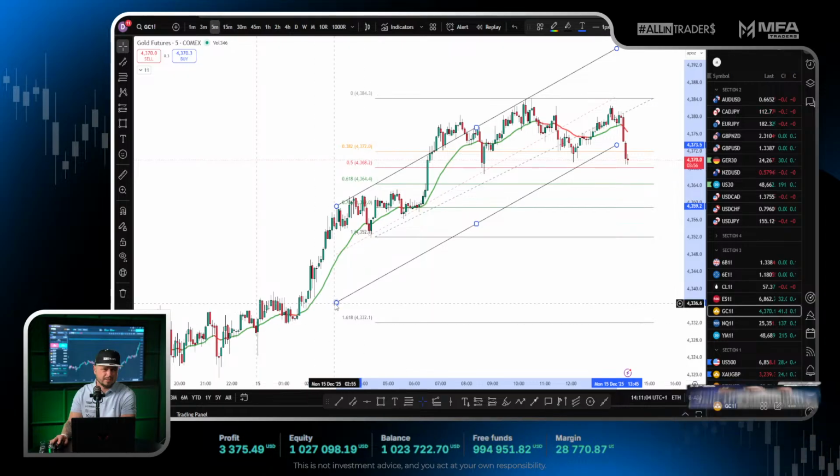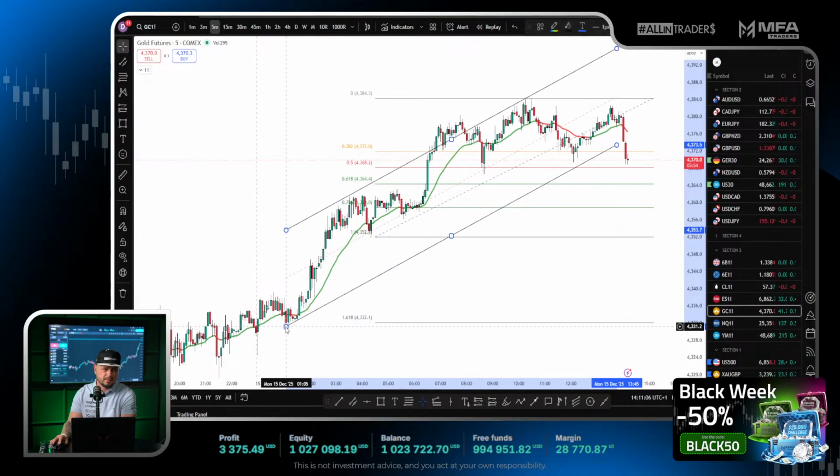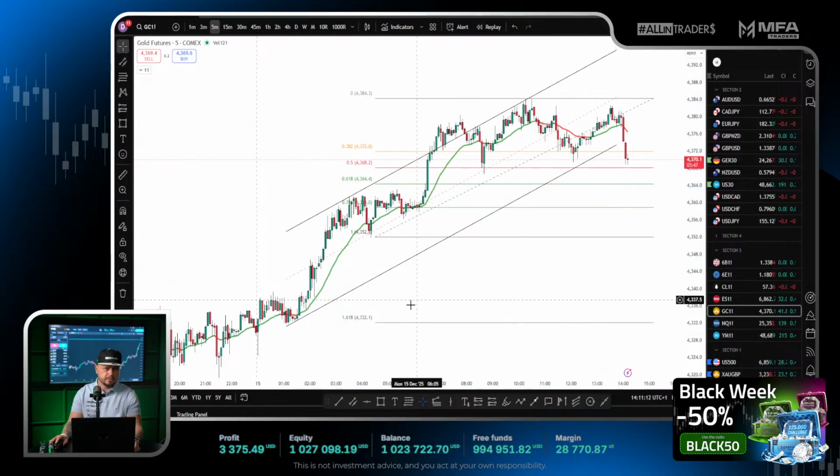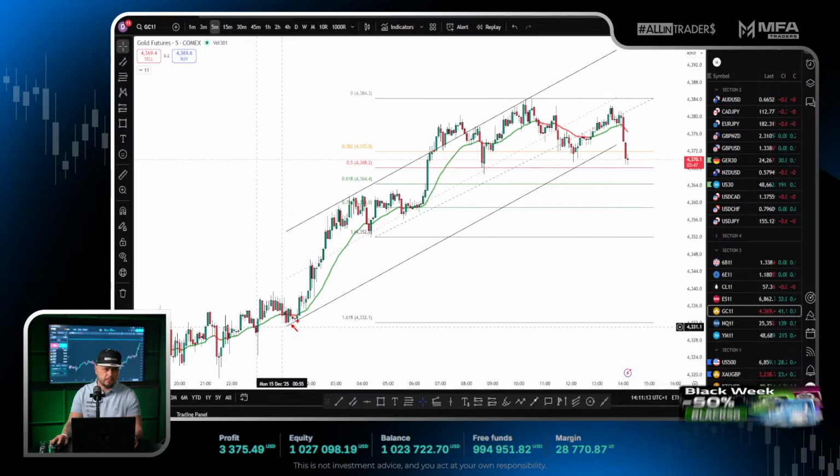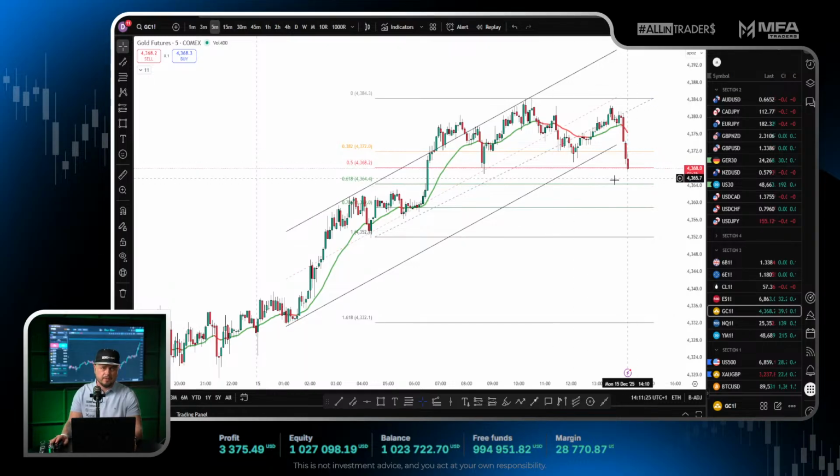Maybe like this. Why like this? Let me explain you. The top is okay. We had some reactions from the top. The bottom also, we had few reactions here, but we got overshoot right here. So we can expect something similar on the other side.